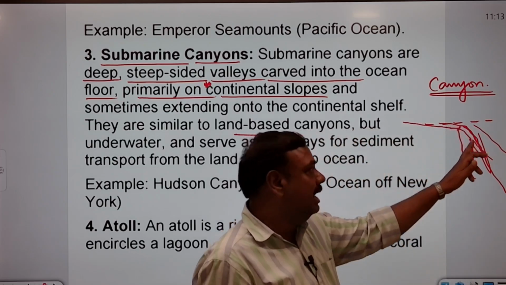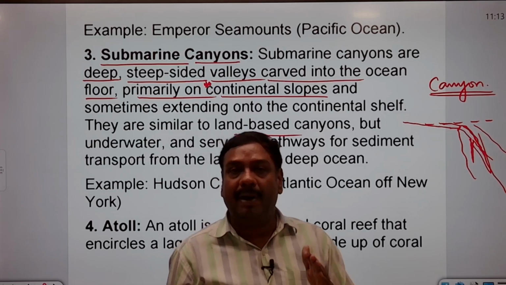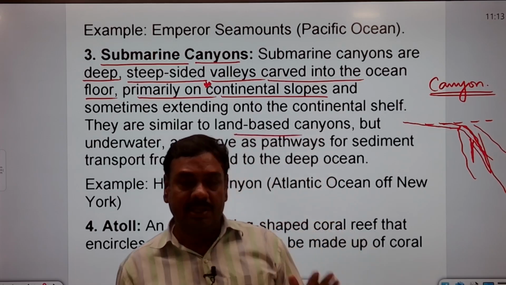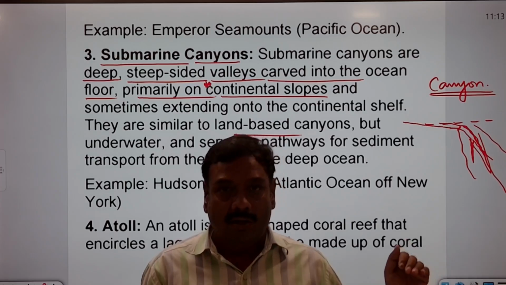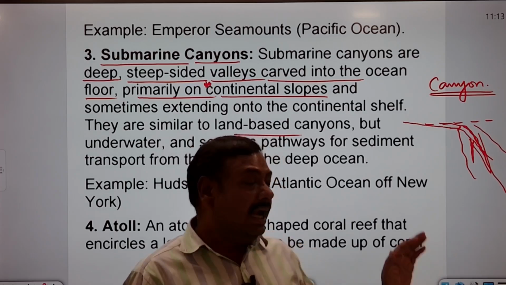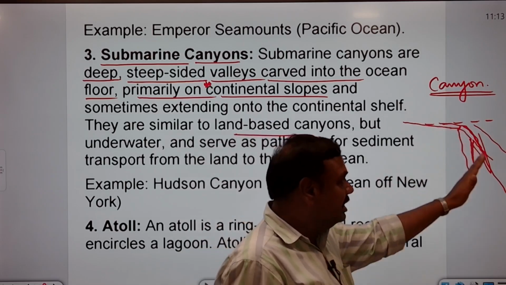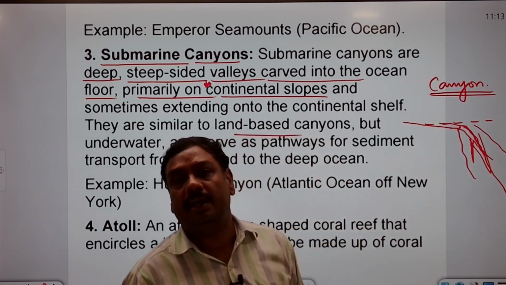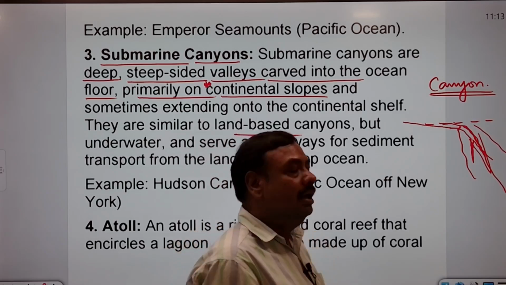The submarine canyons serve as the pathway for the movement of those sediments coming from the continental shelf region. Got it? And in that way the sediments reach up to the bottom of the continental slope. In that way you must remember the things.